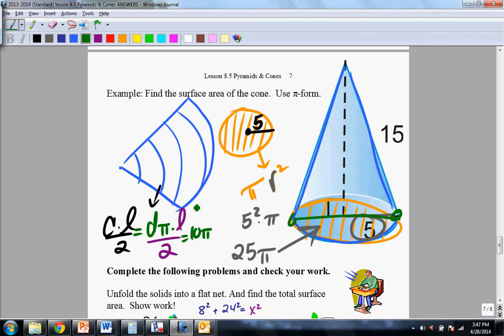That's going to be 10 pi times the slant height, which is 15, over 2. 2 goes into 10 5 times, so I do 5 times 15. So my area here is 5 times 15 is 75 pi.